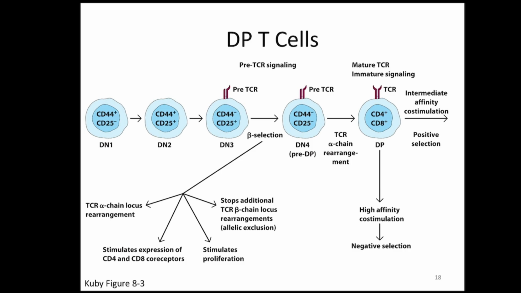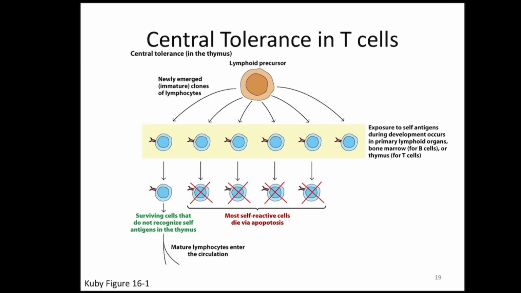And so this really gets us to thinking about central tolerance in T cells. Again, we talked about central tolerance in B cells. Once our B cell had made a heavy chain and a light chain, it got a little bit of a signal.